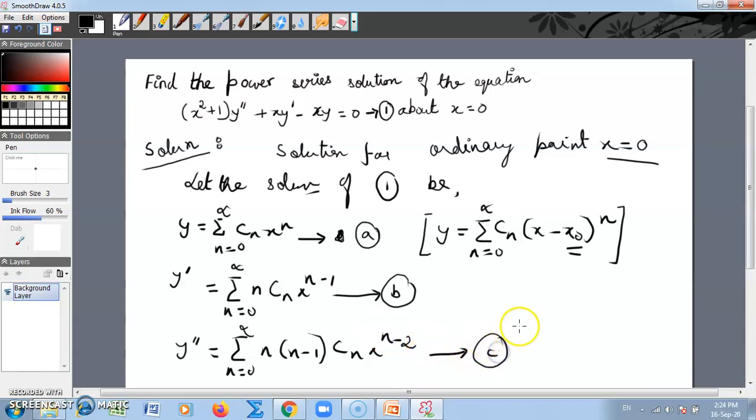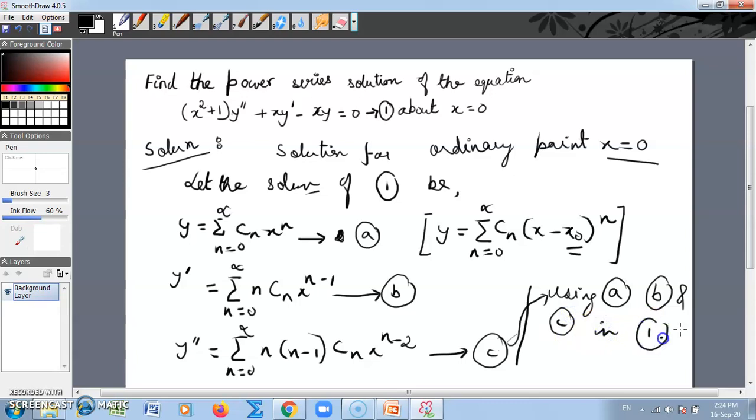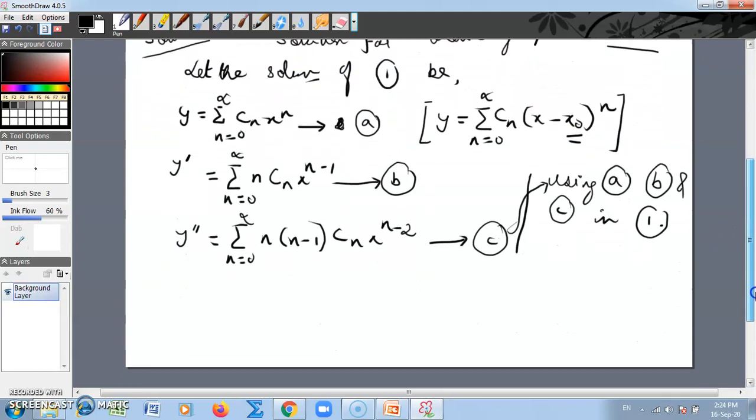So using (a), (b) and (c) in equation 1, which is the equation that has been given to us and whose solution is required, what do I get? My equation was like this. Let me look at the equation.